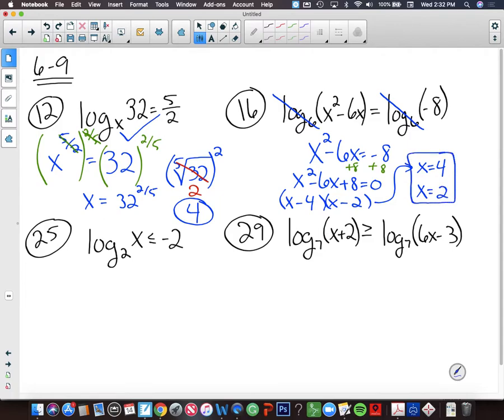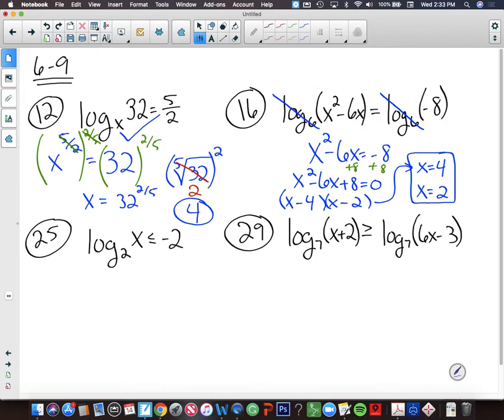But when you plug them in, let's check if we plug in a 4. That would be 16 minus 24, which gives me a -8. You might think that one works, because it looks like log base 6 of -8 equals log base 6 of -8. Again, you can't have negatives, so it was no solution right away.